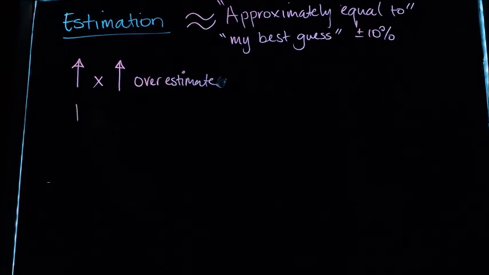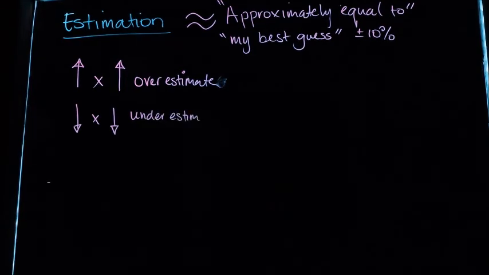Let's look at the opposite. If we round both numbers down when we're multiplying them, for example, we're going to underestimate the actual answer. So there's only really one combination left.